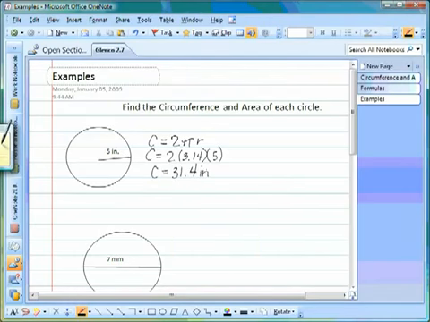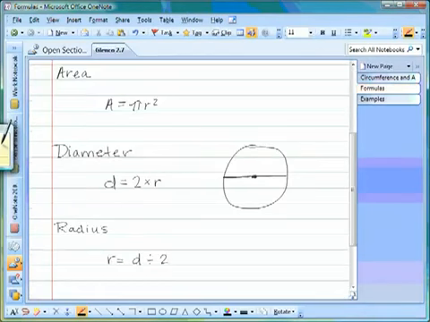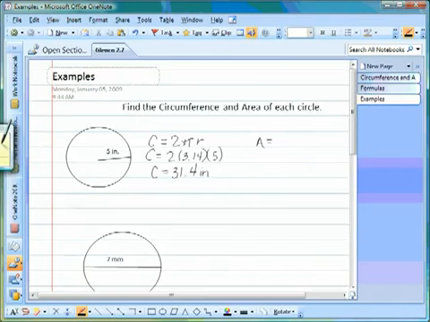To find the area, again, we need to know what formula to use. So if we look back to our formulas over here, area equals pi r squared. We can go ahead and fill in the numbers that we know. Area equals pi, which is 3.14. The radius of the circle is 5, and we need to remember to square it because that's in our formula.